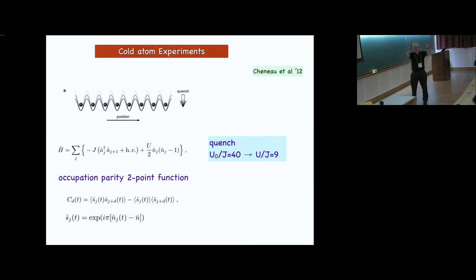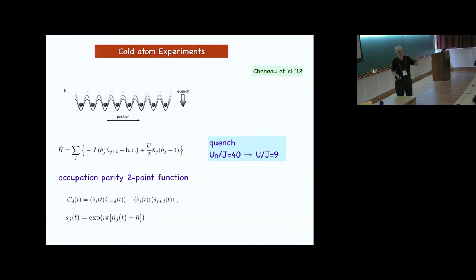Let's say they prepare the ground state of the model at U0/J equal to 40. Then they suddenly ramp down the value of the interaction to a much smaller value. And the observable they measure is some connected two-point function, very similar to a density-density correlation function. It's not precisely a density-density correlation function simply because they can only tell whether they have an even number of bosons on a given site or an odd number.